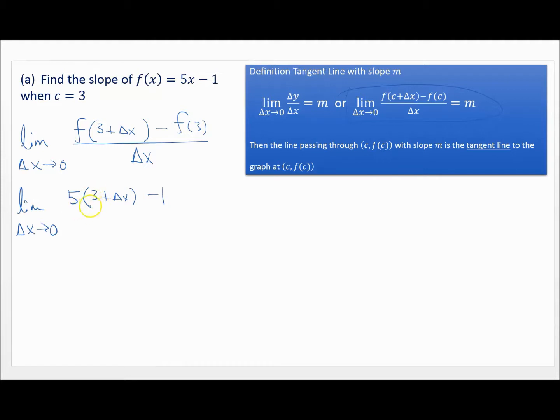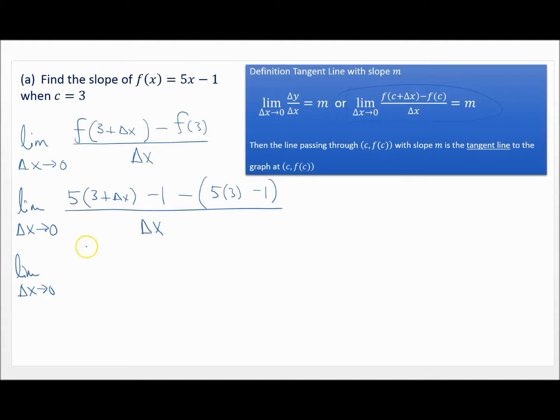So 5 parentheses 3 plus delta x minus 1 is just f of 3 plus delta x minus f of 3. So I'm going to use parentheses and plug 3 into that function. That's 5 times 3 minus 1, and that's all divided by delta x. I keep going. It's all about simplifying now. So I have the limit as delta x approaches 0.